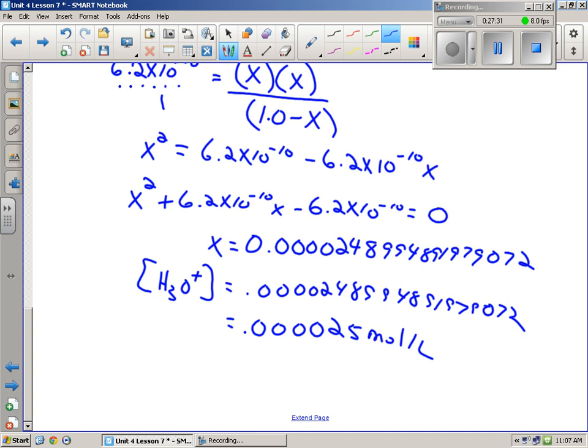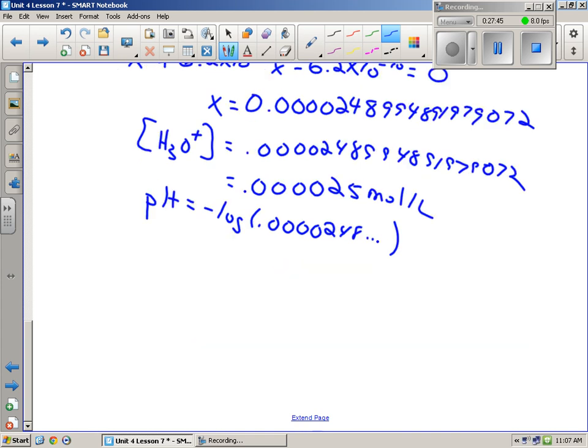Can I figure out the pH now? Yep. pH is the negative log of 0.0000248, etc. And when I take the pH of that, you'll see. Okay, so negative log of 0.0000.